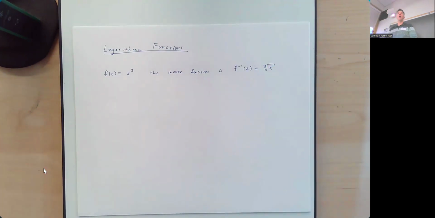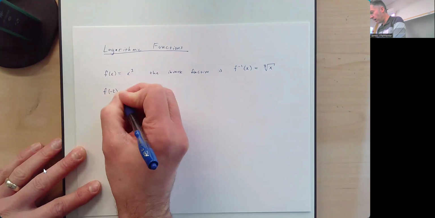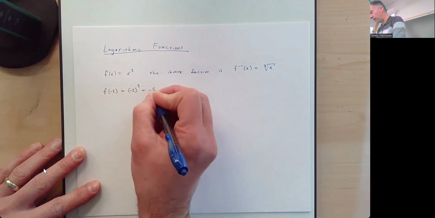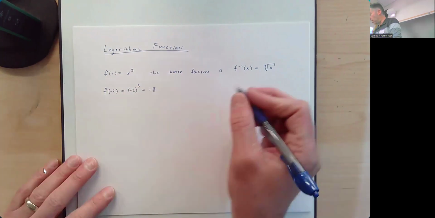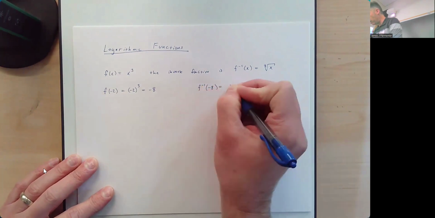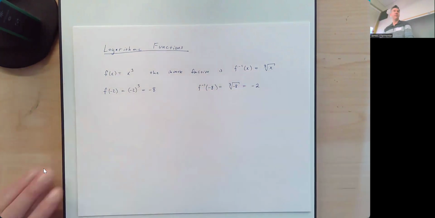Those two functions undo what the other one does. I always think about it as the input and the output reversing roles. Here, if I plug in, say, -2, f of -2 is -2 cubed, which is -8. Right, -2 times -2 times -2. And inversely, f inverse of -8 is the cube root of -8, which is indeed -2.